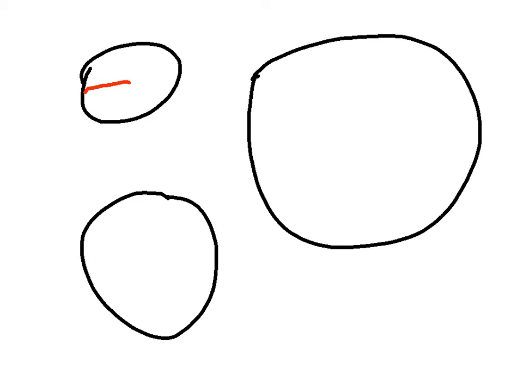So let's draw 3 different circles, different sizes. Your radius is always the distance from the middle of the circle to the outside edge, which is equal to half the diameter.